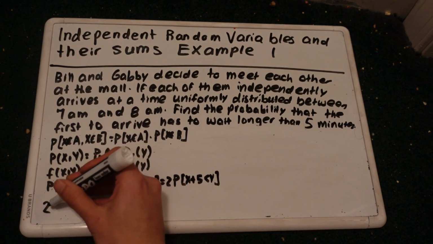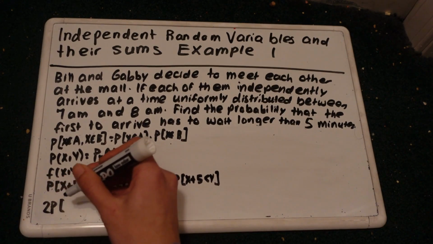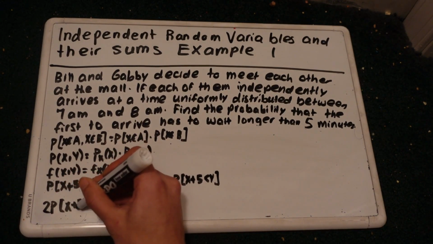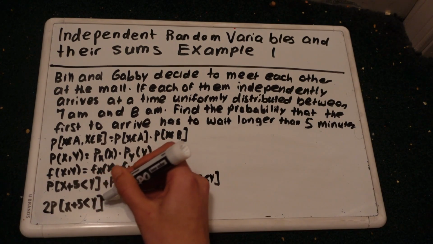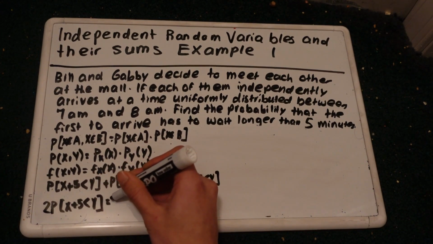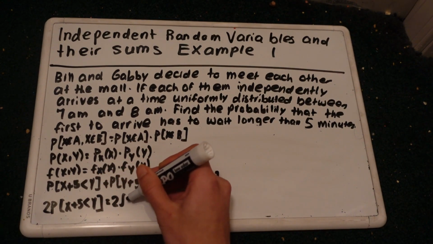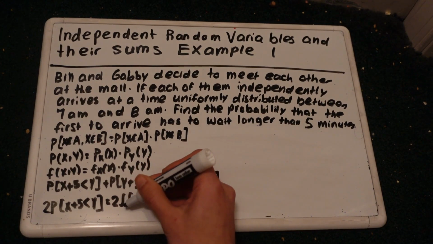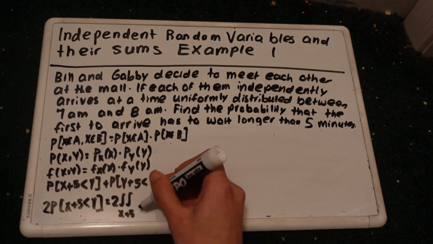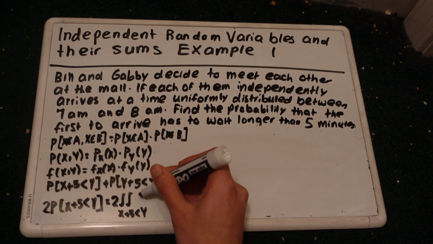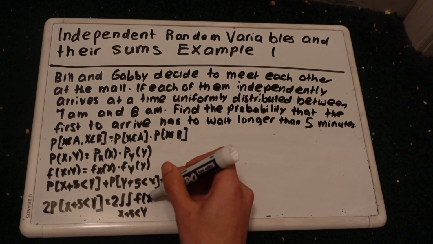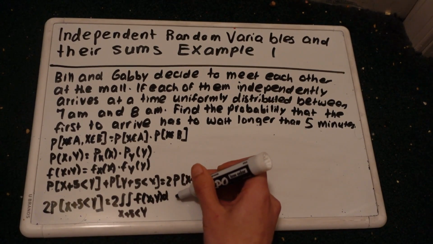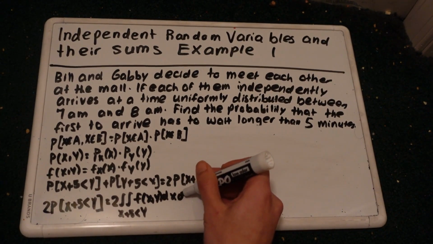So it would be written as 2 times the integral over x plus 5 less than y of f of x,y dx dy.